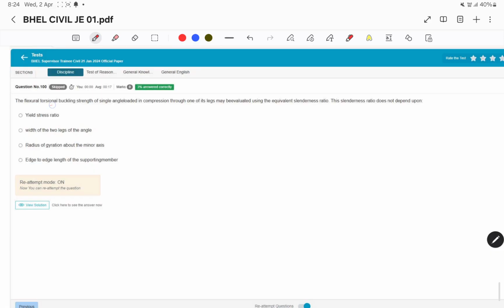अगला क्वेश्चन. The flexural torsional buckling strength of a single angle in compression through one of its legs may be evaluated using the equivalent slenderness ratio.